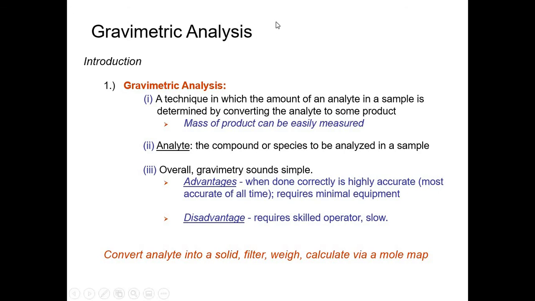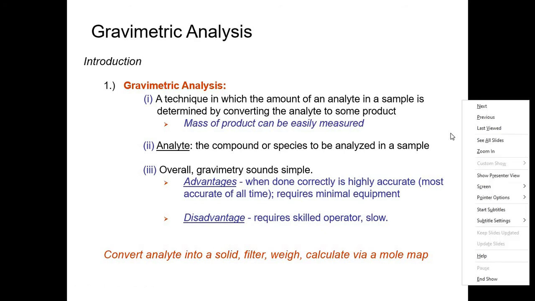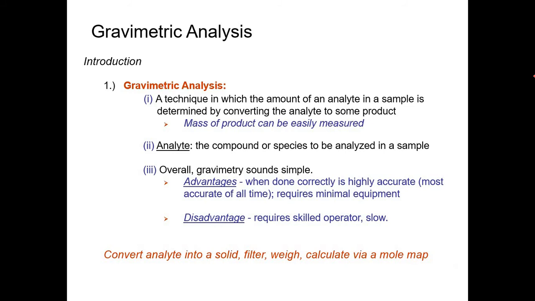So gravimetric analysis. You've actually encountered a lot of gravimetric analysis problems in the assessments from previous assessments. Okay, so for gravimetric analysis, this is a technique in which the amount of an analyte in a sample is determined by converting the analyte to some product wherein the mass of that product can be easily measured.